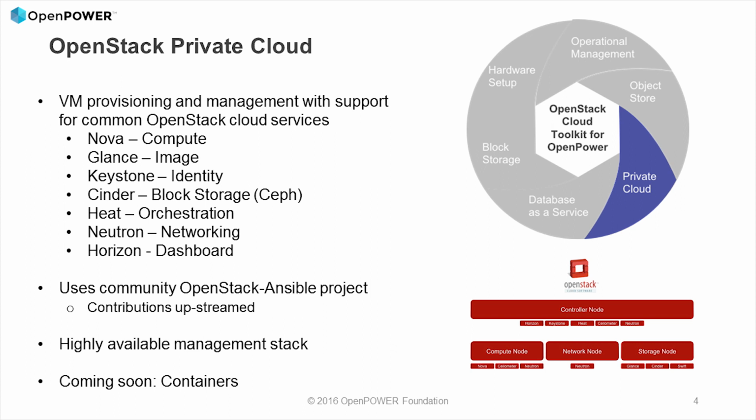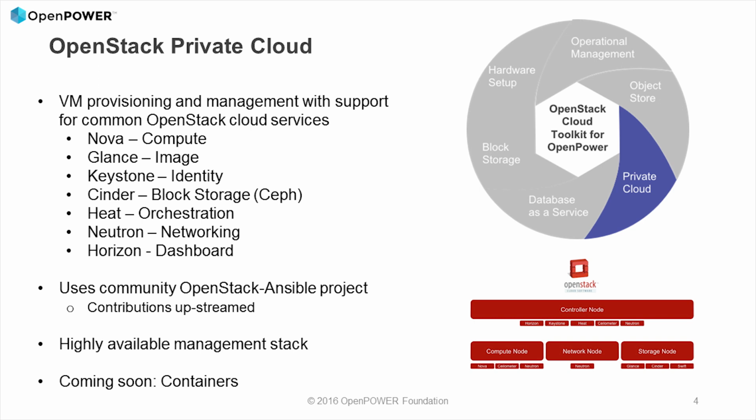So you have Glance for image. You have Keystone for the identity service. There's Cinder, which does block storage. The storage provider that we use is Ceph in this toolkit. More about that in a minute. Heat for orchestration, Neutron networking, and a UI called Horizon.